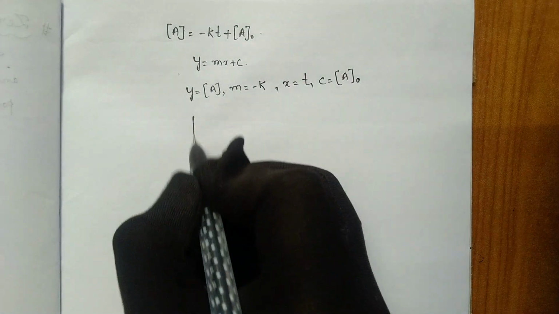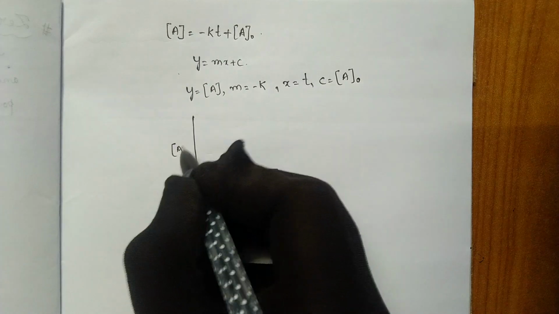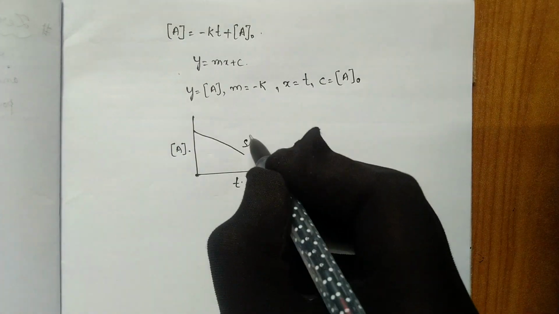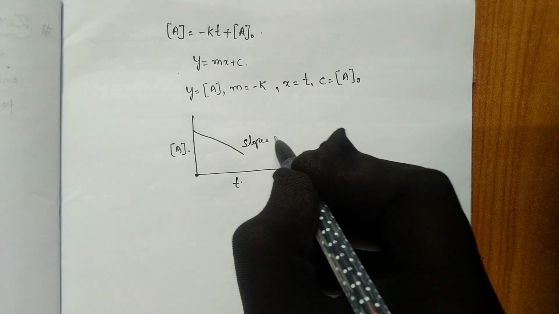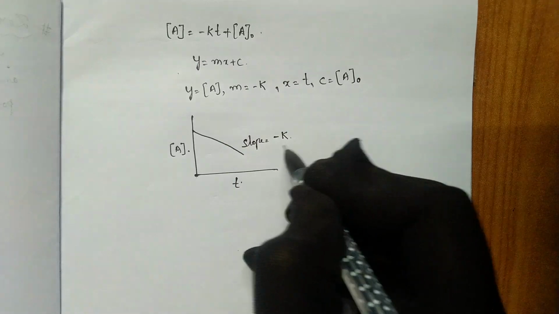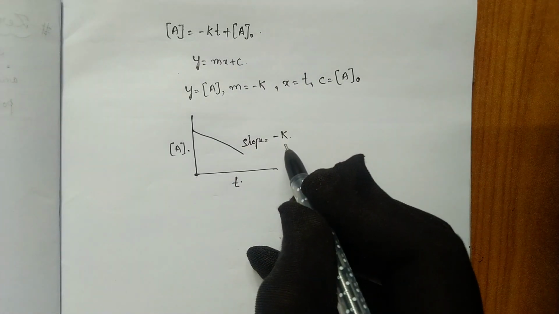So if we draw the graph between time and concentration of A, then the slope will be equal to -k. Here we get this negative slope.